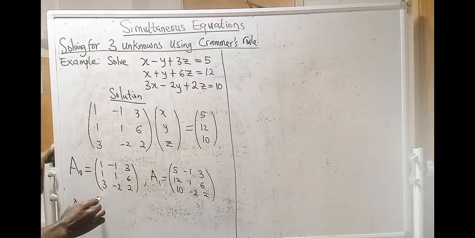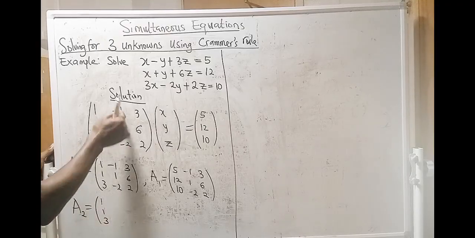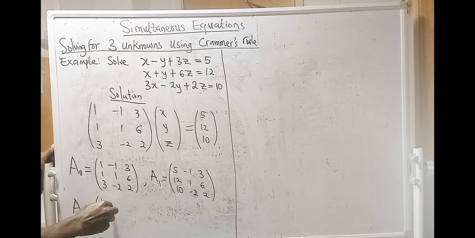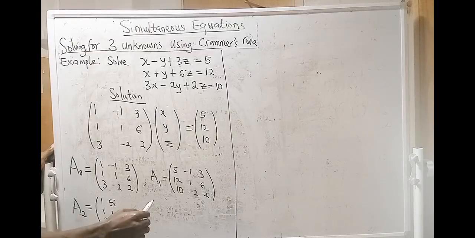So I'll have here to be 1, 1, 3. Then I'm replacing here with this. So I have 5, 12, and 10. Then this remains 3, 6, and 2.